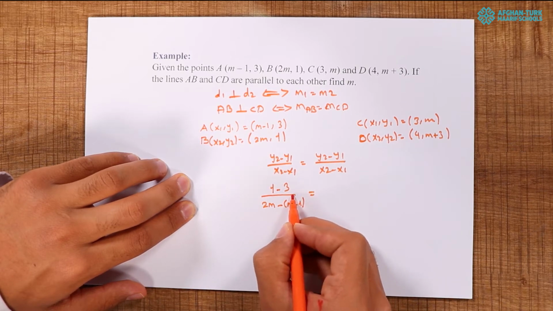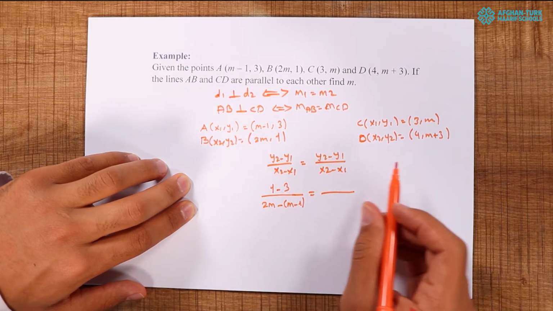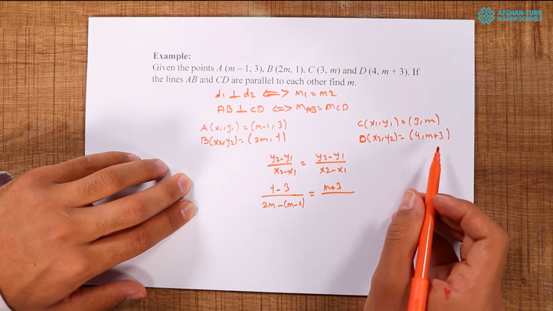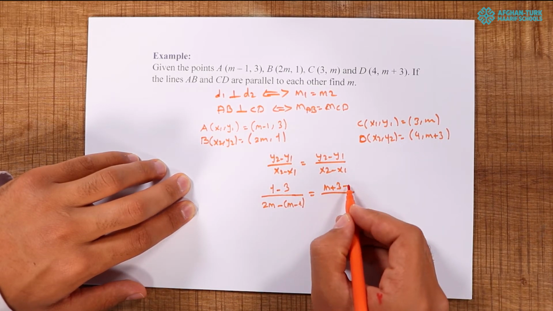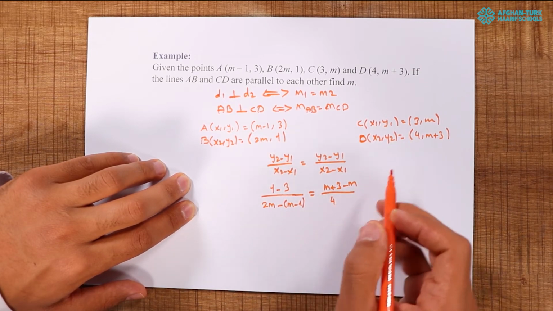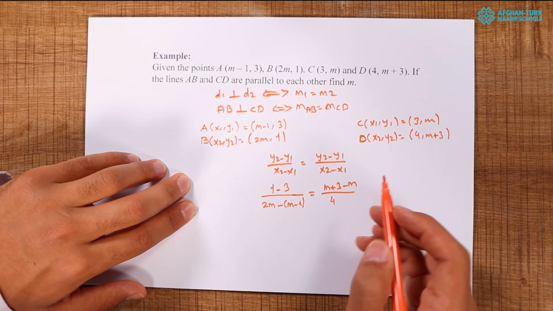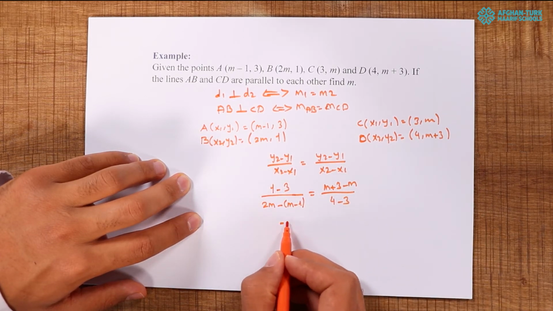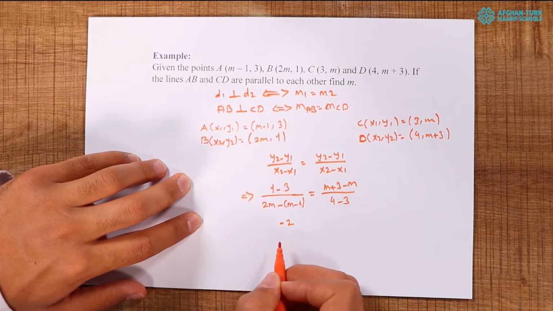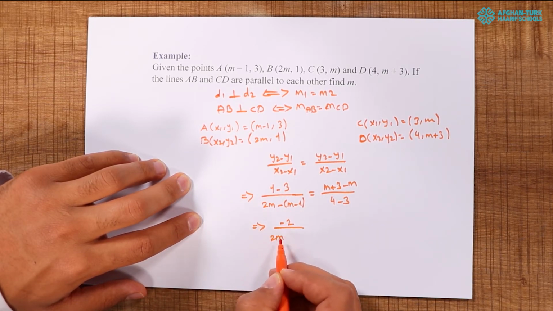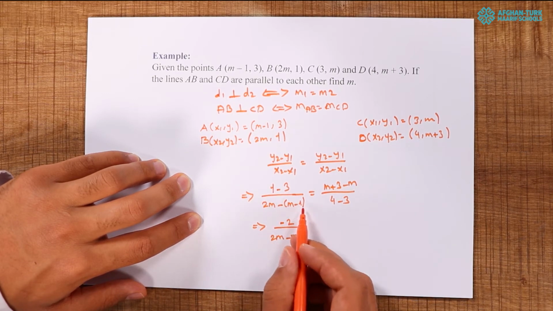Okay, equals to what's y2? y2 is m plus 3 minus m, okay, over x2 4 minus x1 is 3. 1 minus 3 is equal to minus 2, okay, over 2m minus m plus 1.